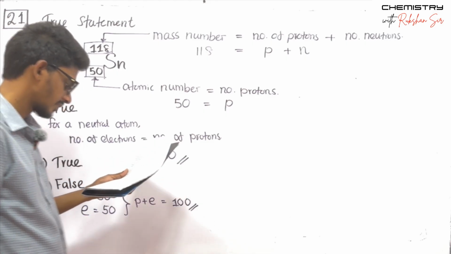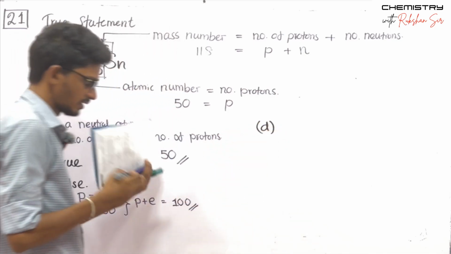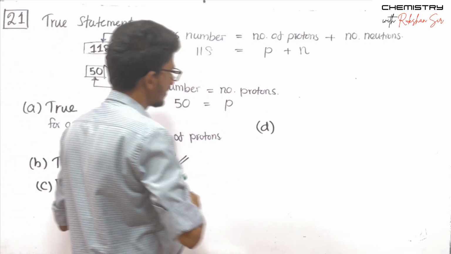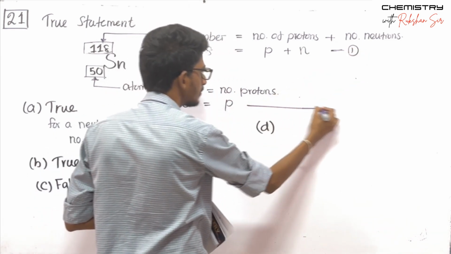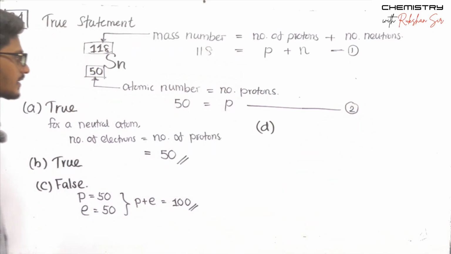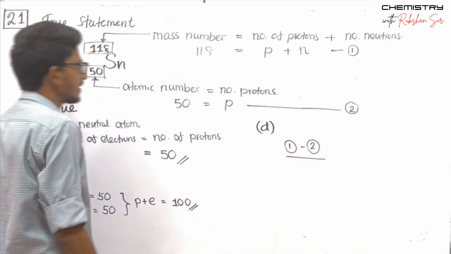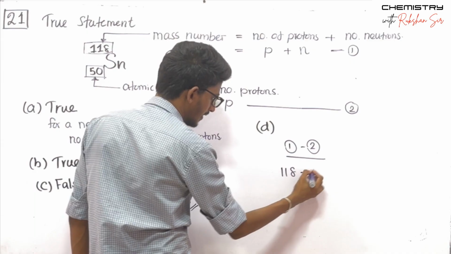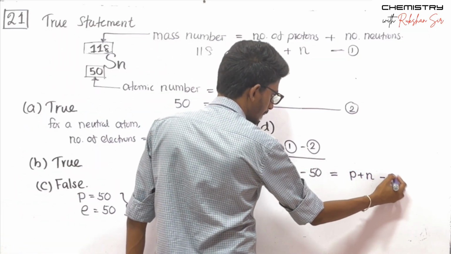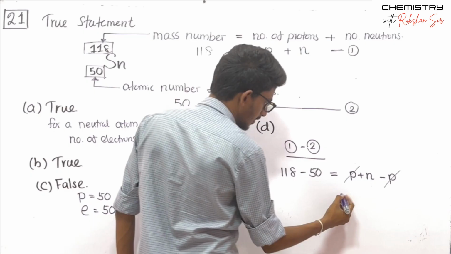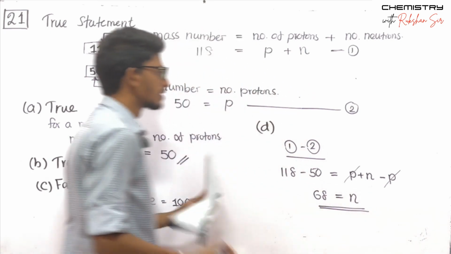Statement D: it has 68 neutrons. If you take the mass number equation as 1 and the atomic number equation as 2, and get 1 minus 2, from the left-hand side you get 118 minus 50, and from the right-hand side it is P plus N minus P. The P's cancel off, so the total number of neutrons is 68.